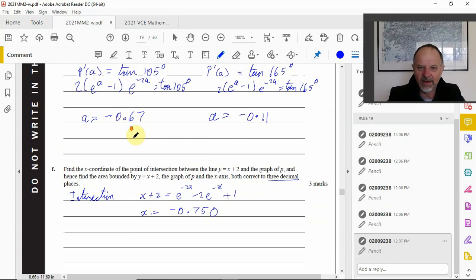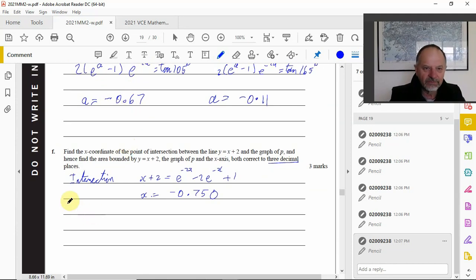So our area is between minus 2 and minus 0.750, and that's just under the y equals x plus 2 graph. And then the other part goes from minus 0.750 to 0, and that's just under the P function, which I'm writing down.